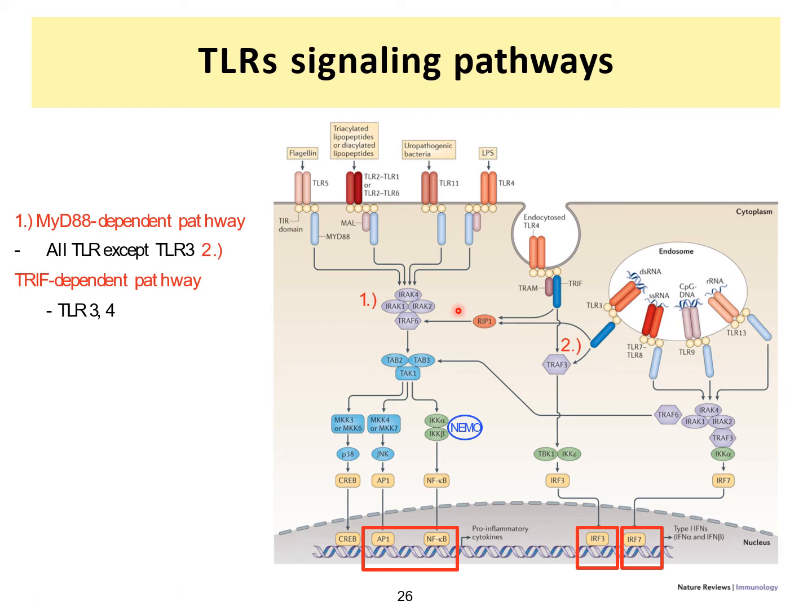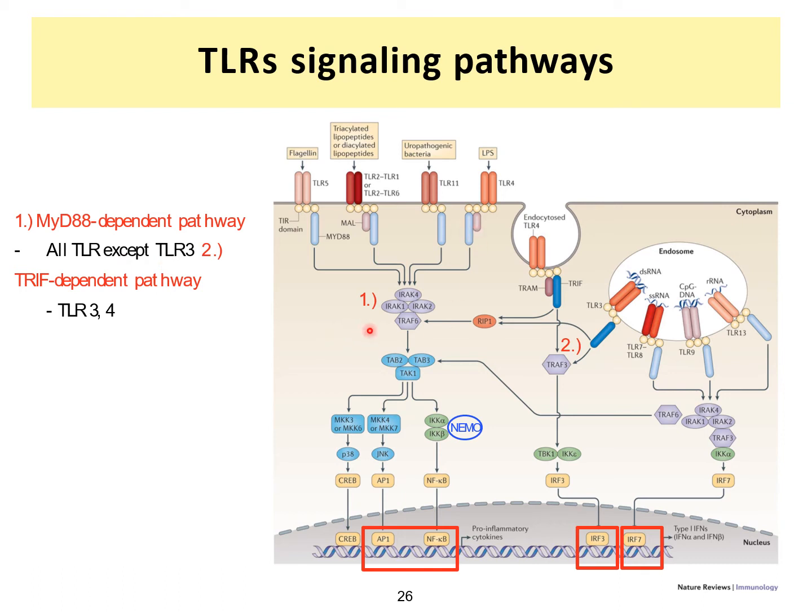So heat, redness, and heat production, all those things will be produced by these signaling pathways. Here you can see one pathway is the MYD88 dependent pathway, and one more is the TRIF dependent pathway mediated by TLR3 and 4.